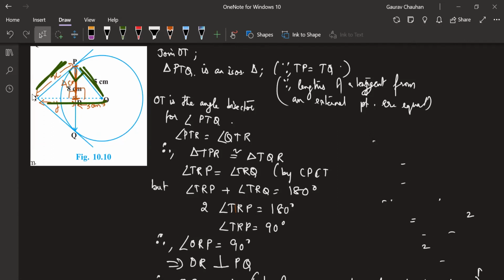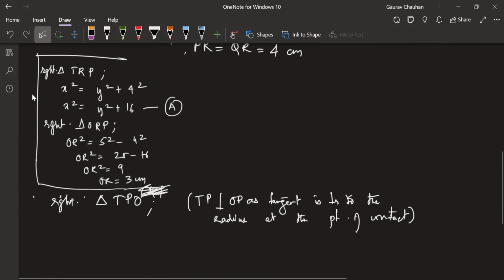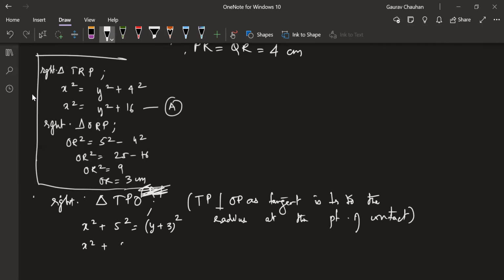Let's open this up a little bit. x square plus 5 square, which is 25, is equal to y plus 3 the whole square. (a plus b) the whole square is going to be a square plus b square plus 2ab. So that gives me y square plus 3 square plus 2 into 3 into y.